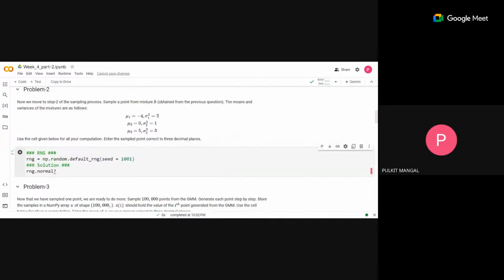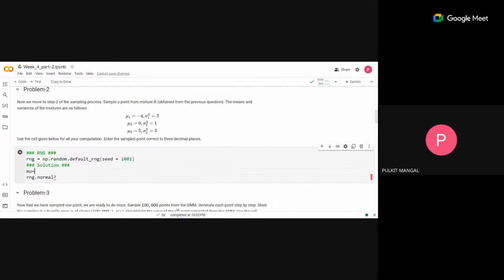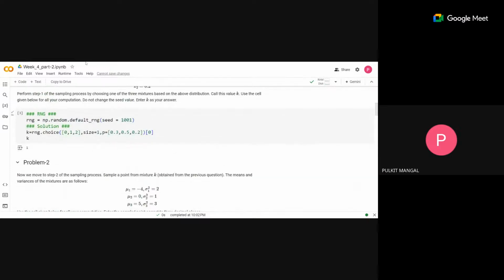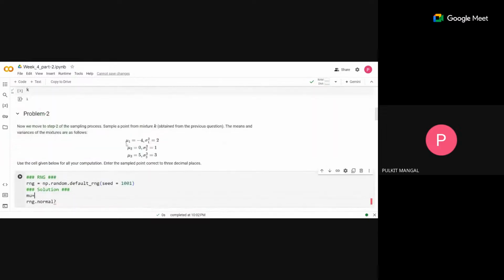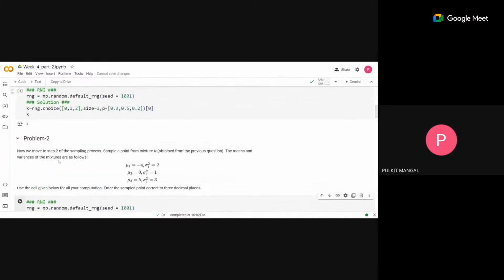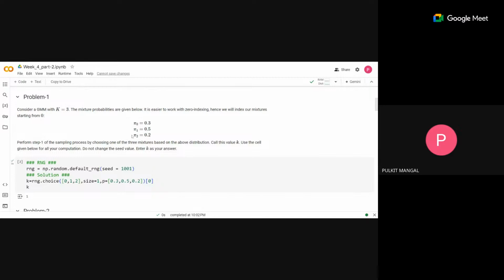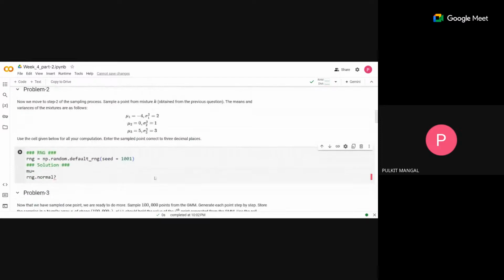So let's define your mu. The component that we got was 1. So 1 means it is the second one, because here we are using 0 indexing. So we will take 0 and 1 here.